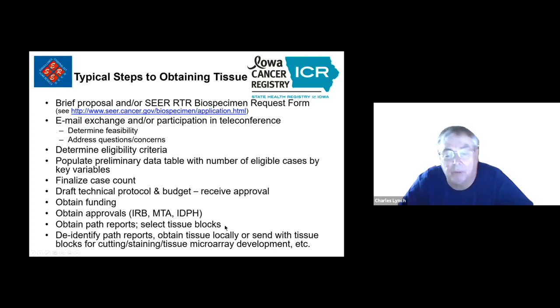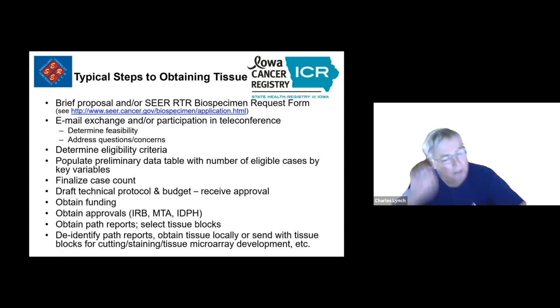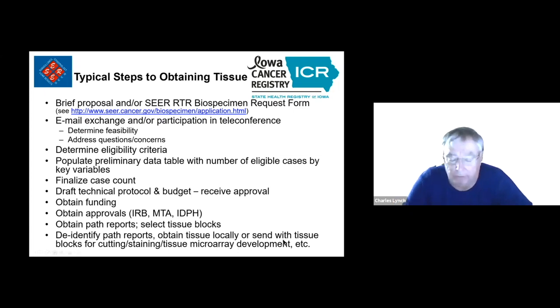And sometimes people want an H&E stain slide as well. We'll send that. Increasingly, people are starting to image those slides so that they have those set aside in a computerized format. And the study goes on then.